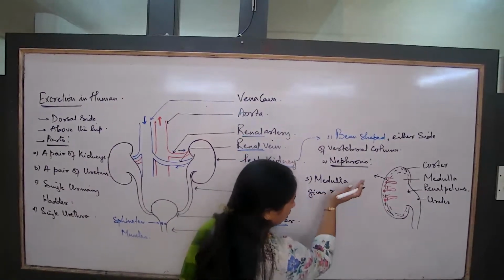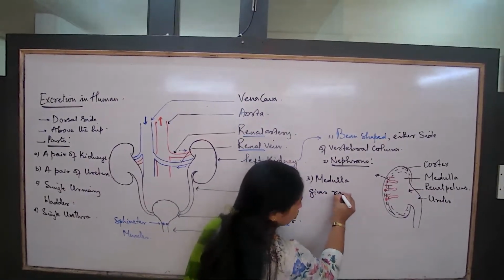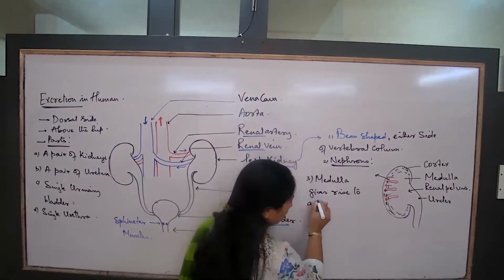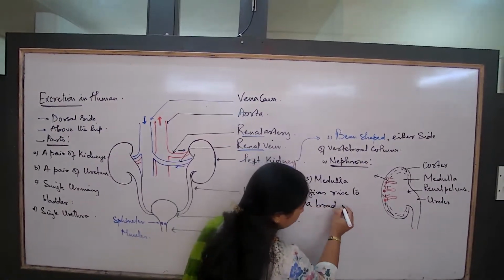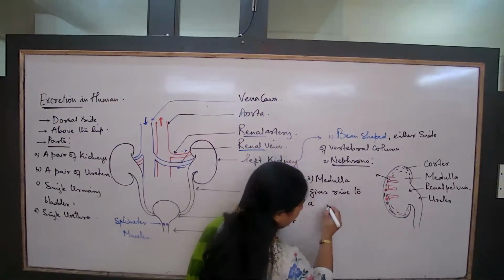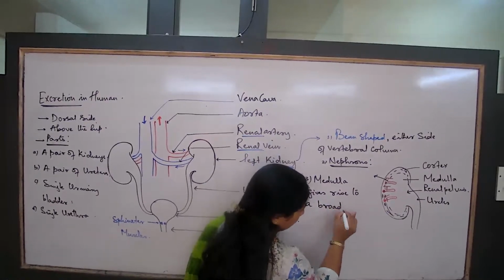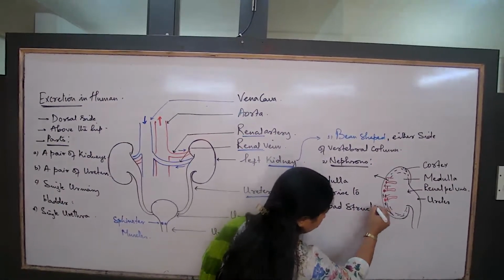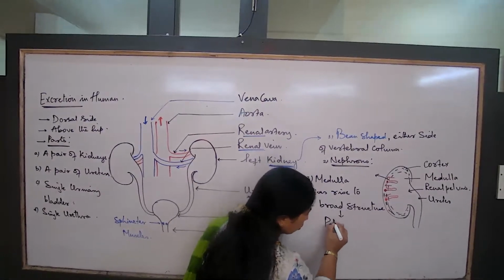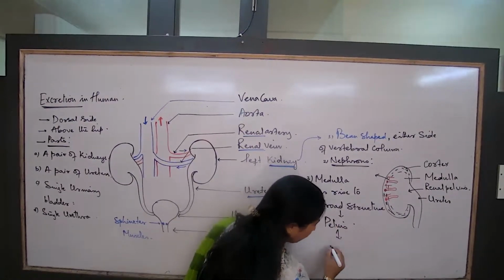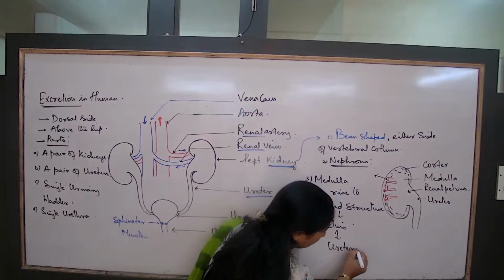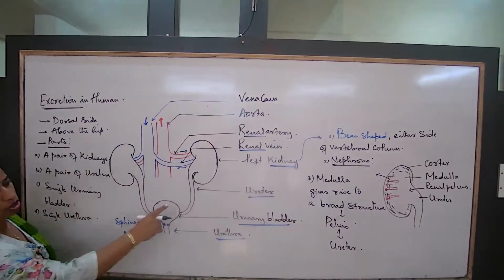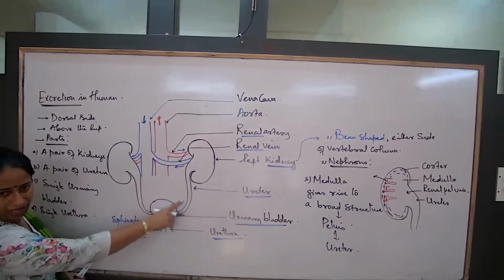The medulla always gives rise to a broad structure, and this broad structure is known as the pelvis. From this pelvis a narrow tube emerges, and this is what we call the ureter.